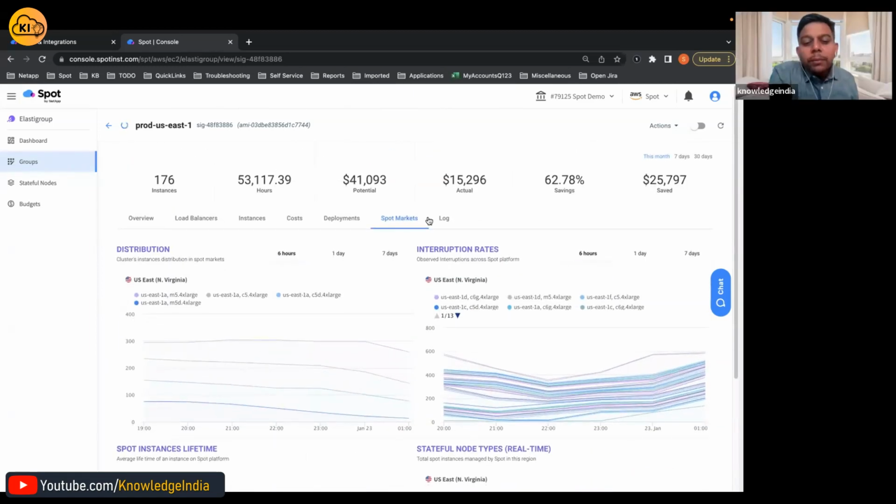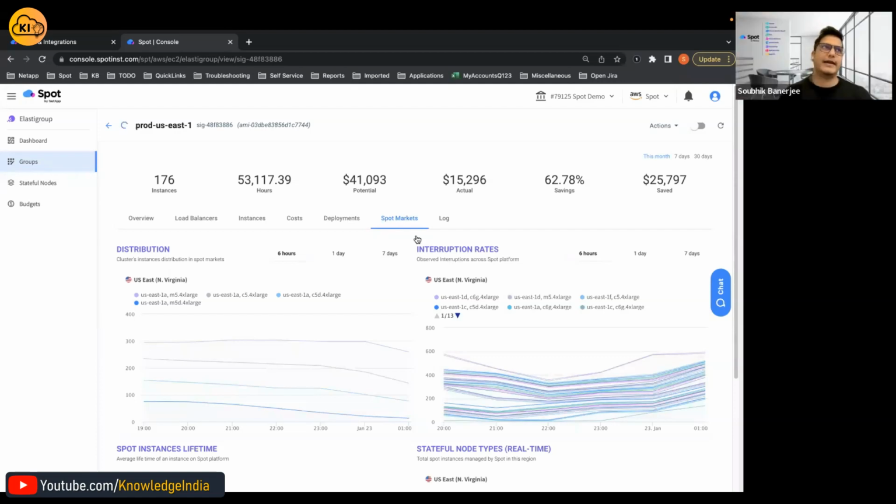So this information will help customers in selecting the instance type, when they want to create a new Elastigroup or modify an existing one. They get to understand that this instance type has fewer chances of being interrupted, so if it suits my application, let me include it in my Elastigroup definition, correct?